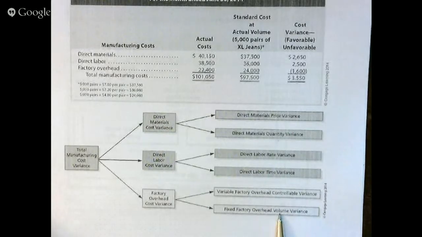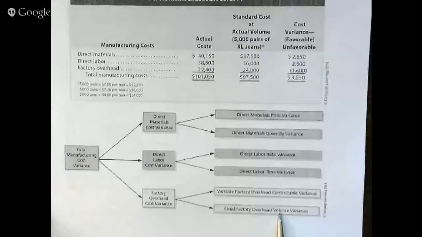So there is an error that's created by using the PDR. The fixed overhead volume variance measures the amount created by manufacturing a number of finished goods that differed from the planned number of finished goods.